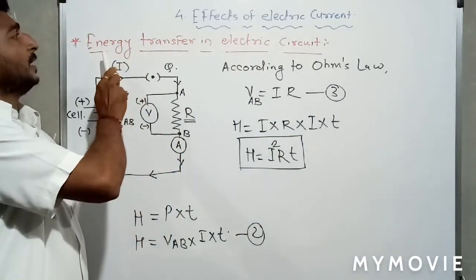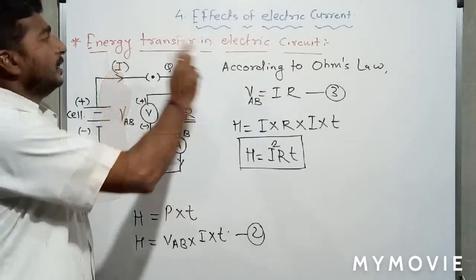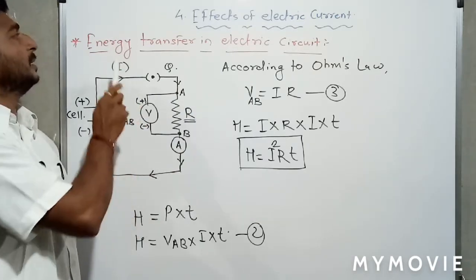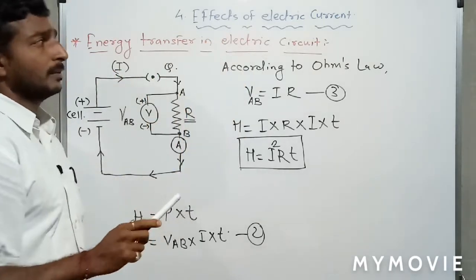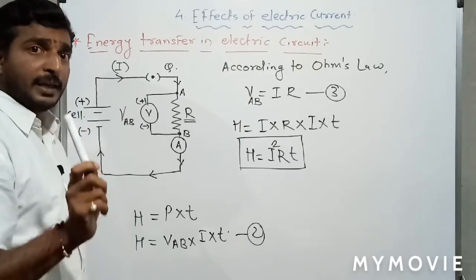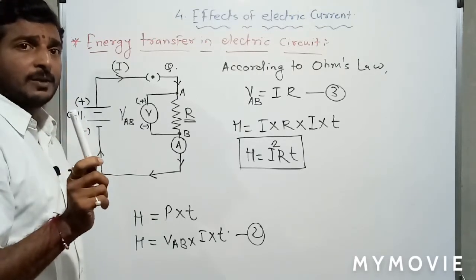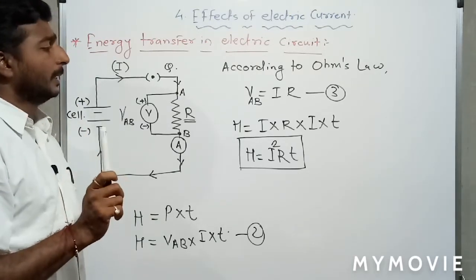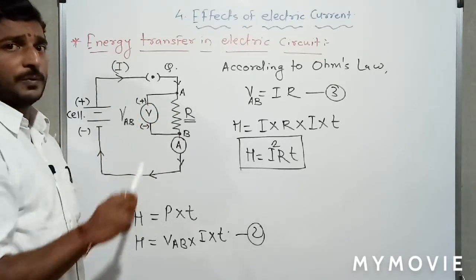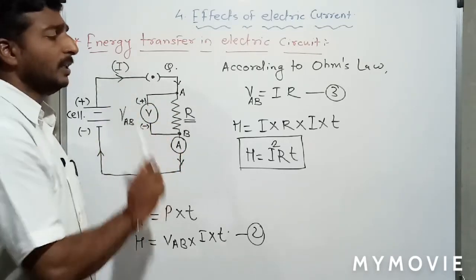The effect of electric current passing through the resistor, that means the energy transfer in the electric circuit, produces heat. That is the heating effect of the electric current. So heat is produced when the current passes through the circuit and through the resistor.